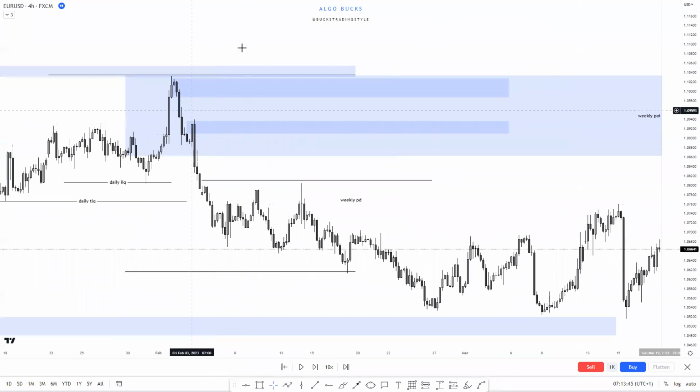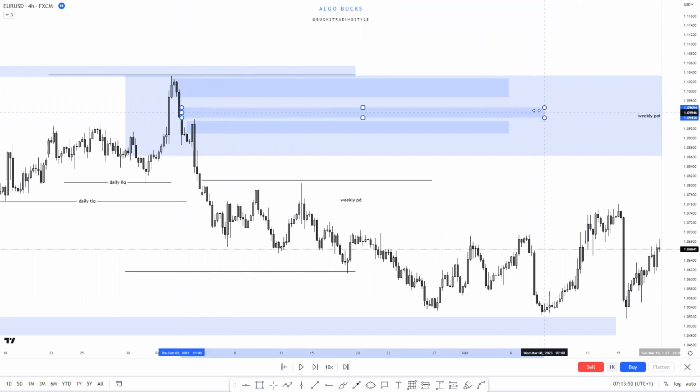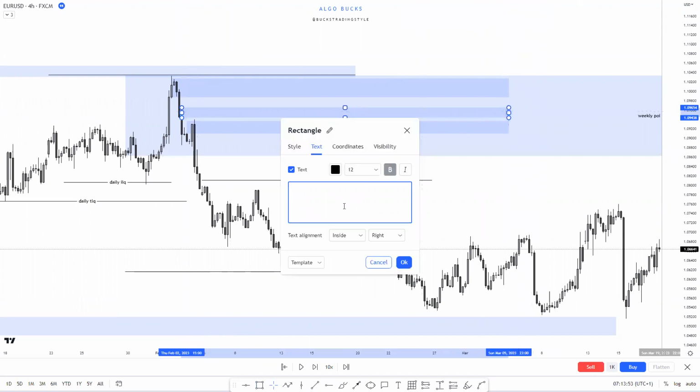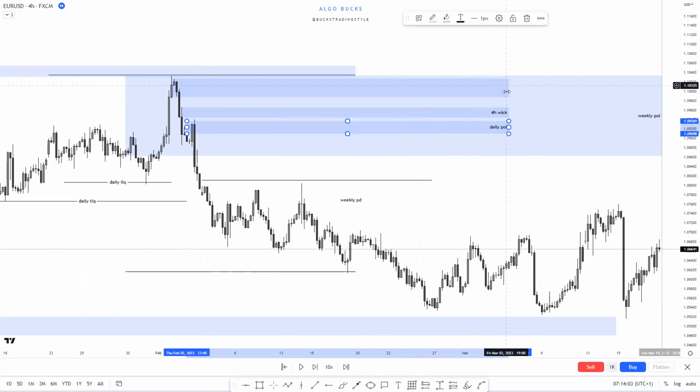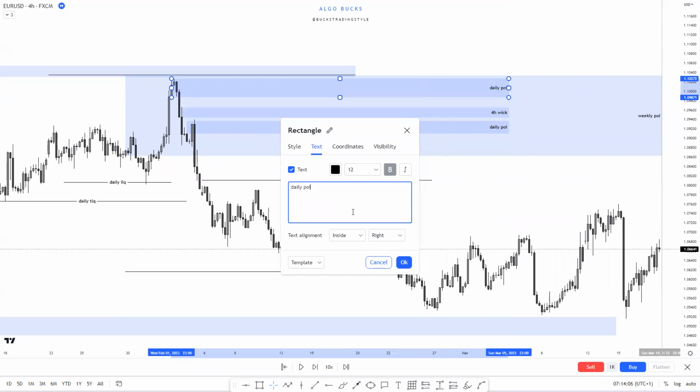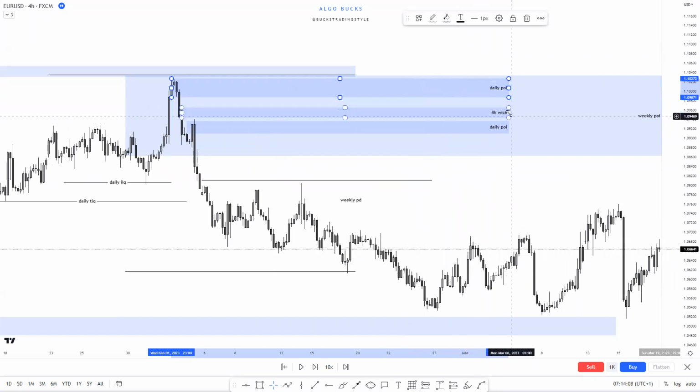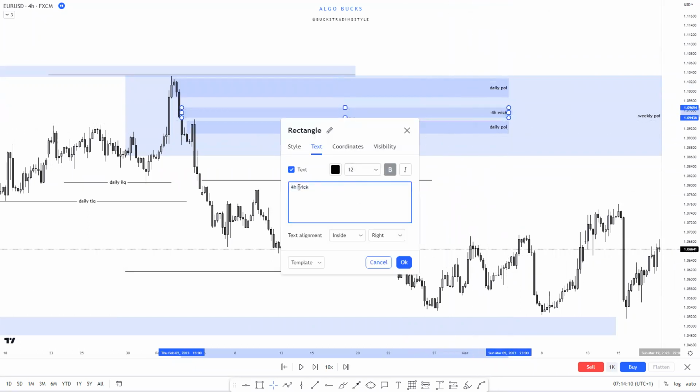From the next higher time frame, we had this from the 4 hours right here. I'm supposed to call it POI.